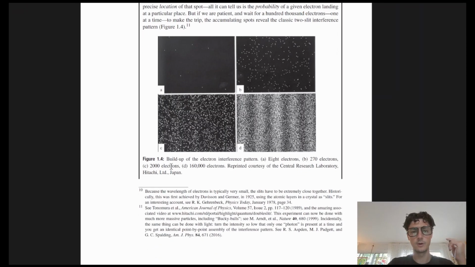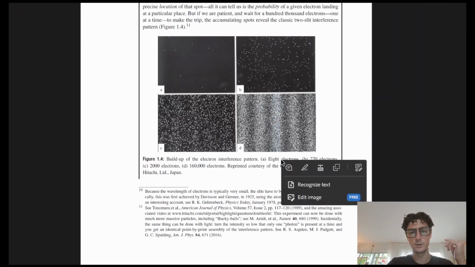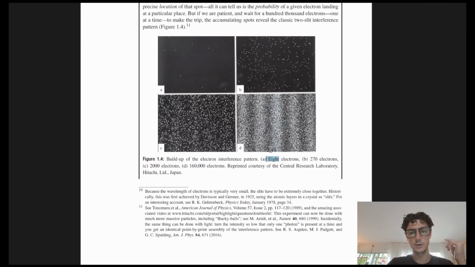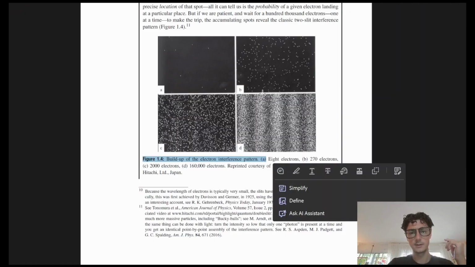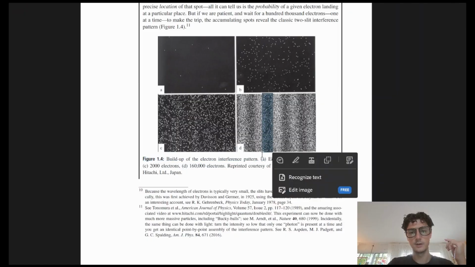This is figure 1.4. Buildup of the electron interference pattern. A, 8 electrons. B, 270 electrons. C, 2,000 electrons. D, 160,000 electrons. And you can see clearly there is constructive interference at these bright fringes right here, and destructive interference at these dark fringes right here.